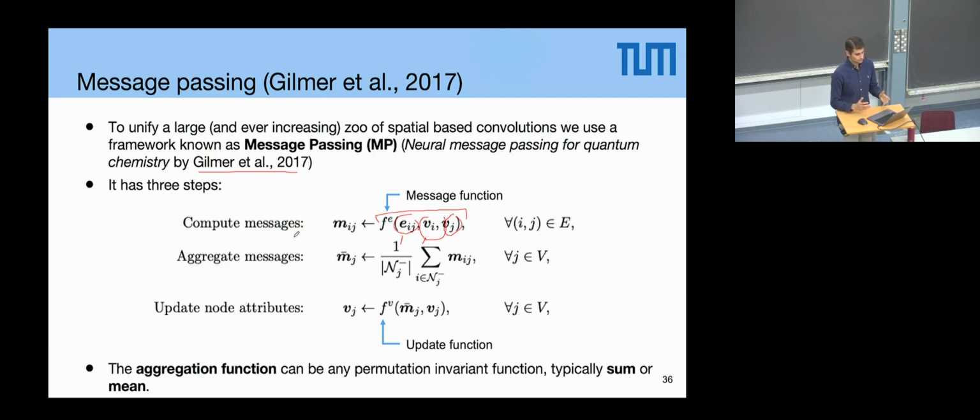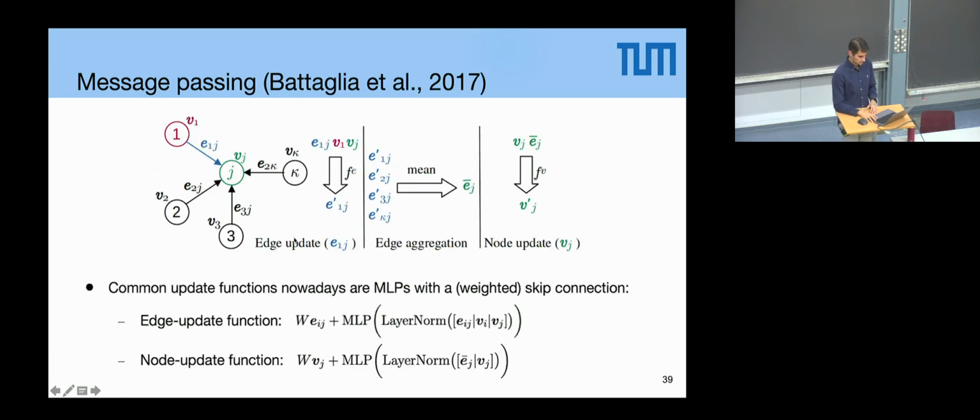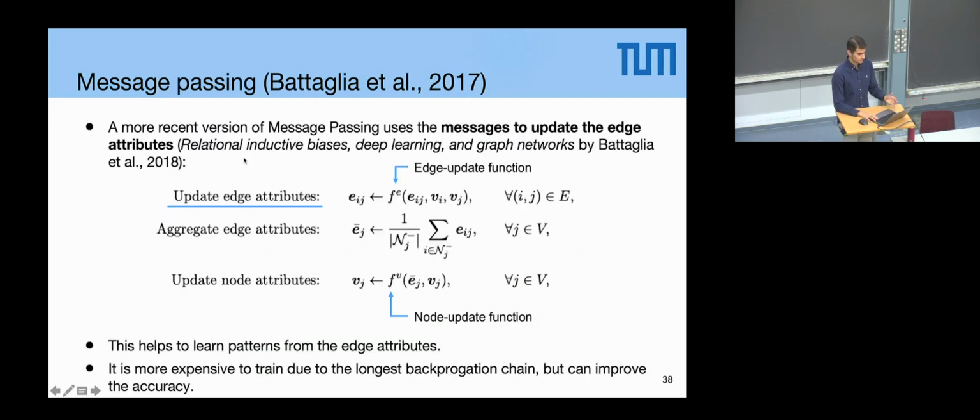Then after we have computed the messages, for each node we are going to aggregate the messages of all of its neighbors. I have a diagram here. So after we computed messages, we aggregate all of them for the central node J. That aggregation must be some permutation invariant function. Could be the maximum, the minimum, but what makes more sense and what we often use is the summation or the mean.